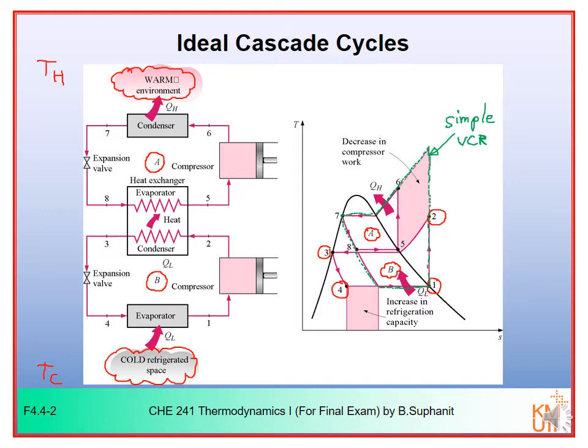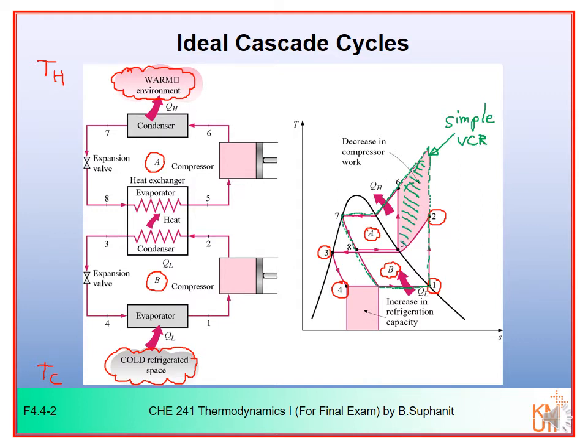You can see the pink area here. The pink area is the area which is the difference between the simple cycle and the cascade cycle.